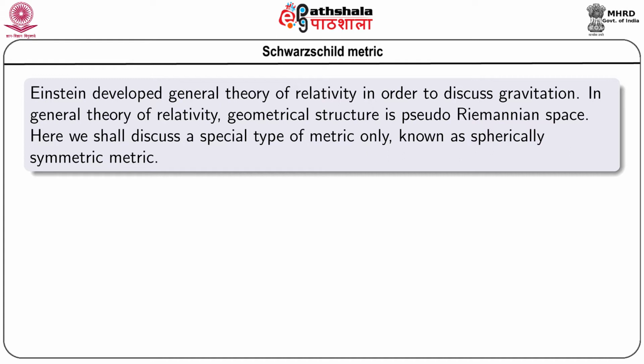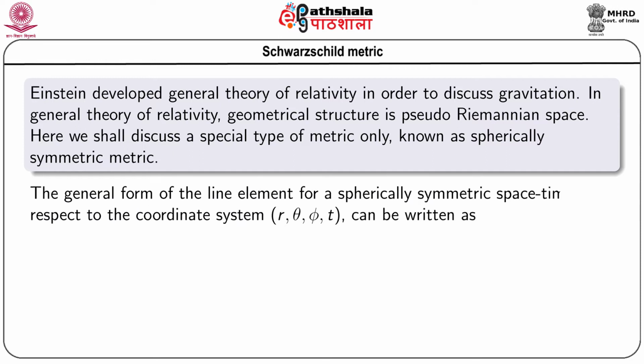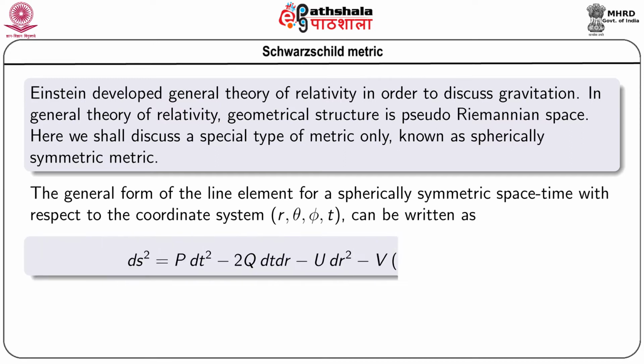Here we shall discuss a special type of metric only for this module, known as spherically symmetric metric. The general form of the line element for a spherically symmetric space time with respect to the coordinate system r, theta, phi, t can be written as this one.